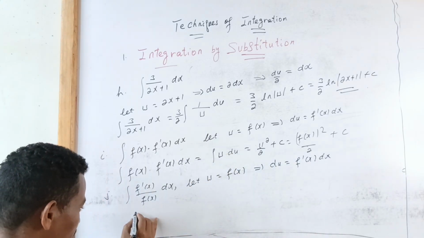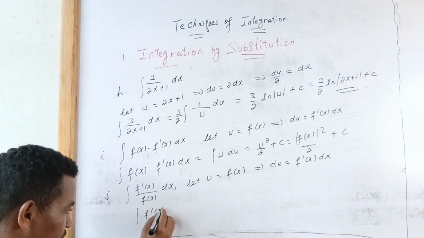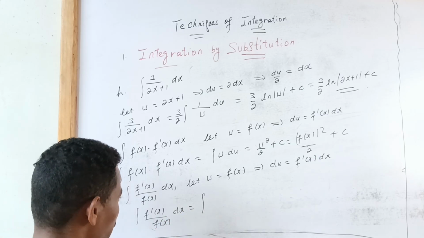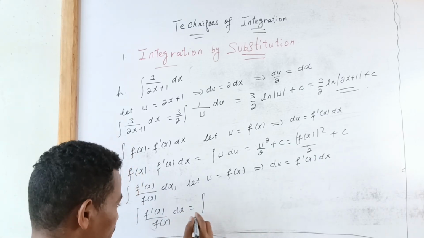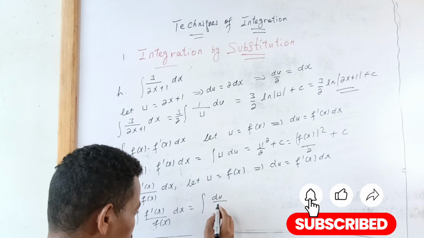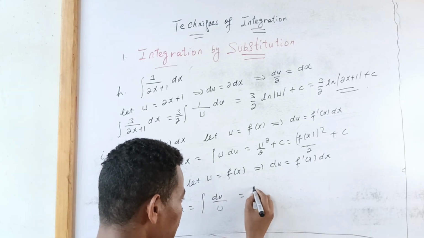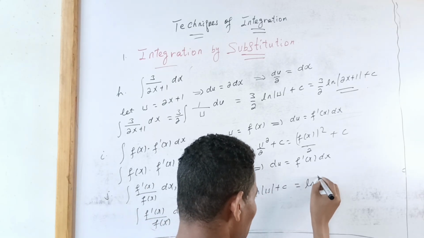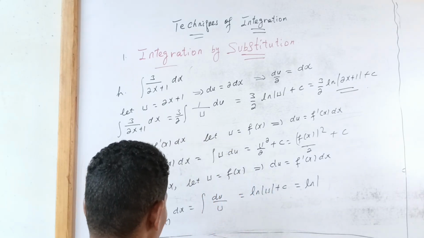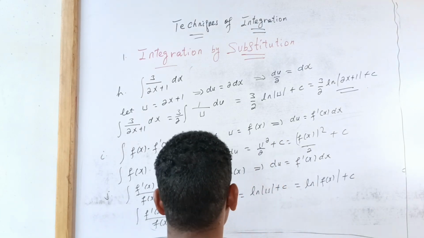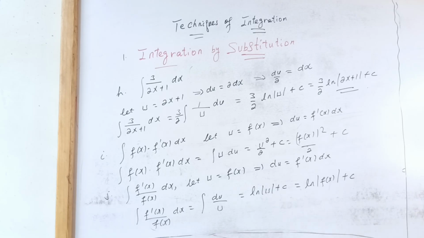That is, the integration of f derivative at x over f of x dx is equal to the integration of du over u, that is ln absolute value of u plus any constant number c. Ln absolute value of u is f of x, plus constant number c.